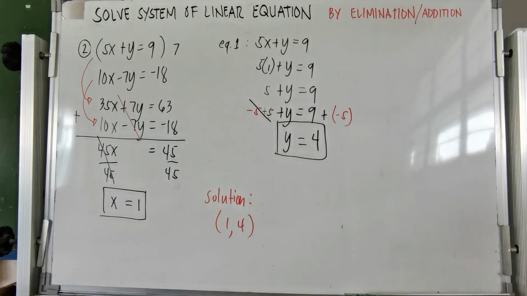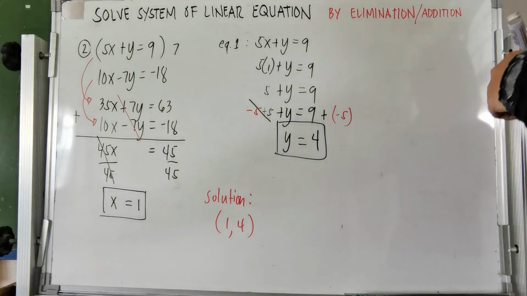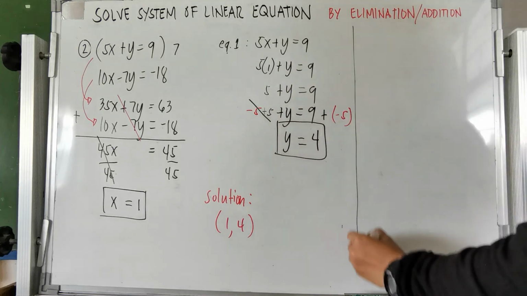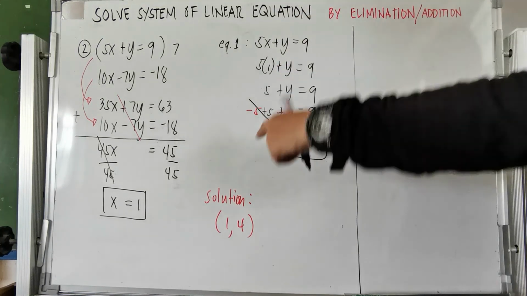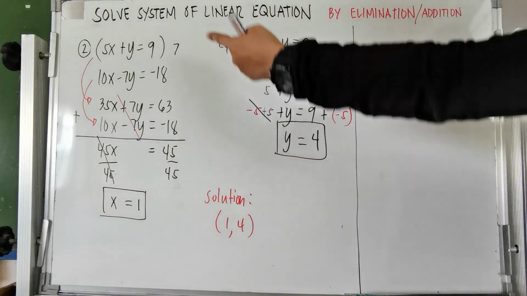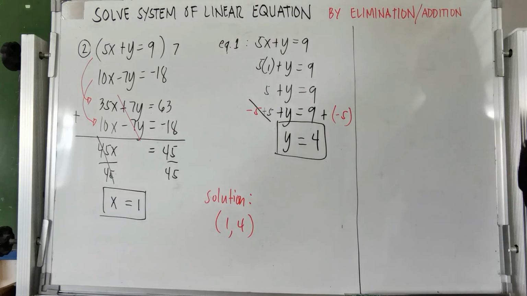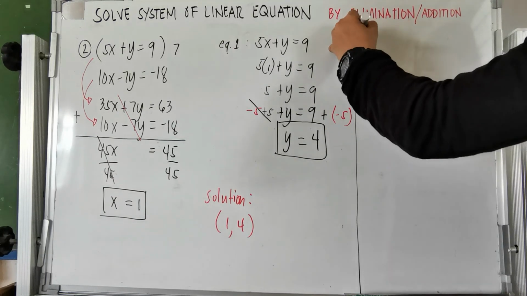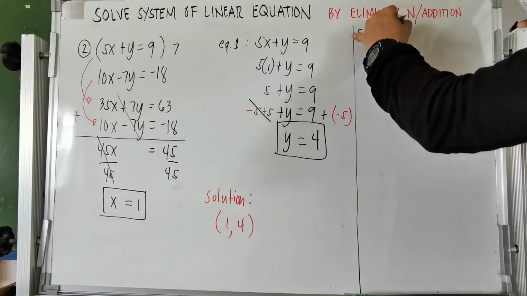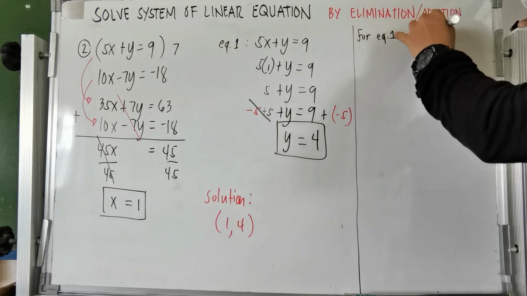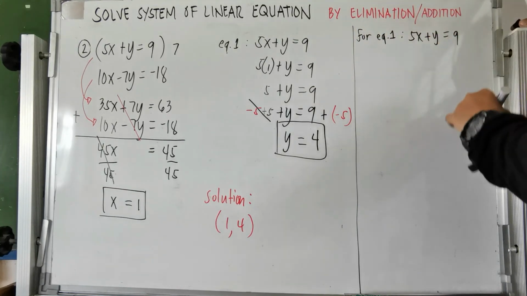Now, to check if our solution is correct, we can do the checking by substituting the value of x and y sa ating equation. So, for equation 1, we have 5x plus y equals 9.